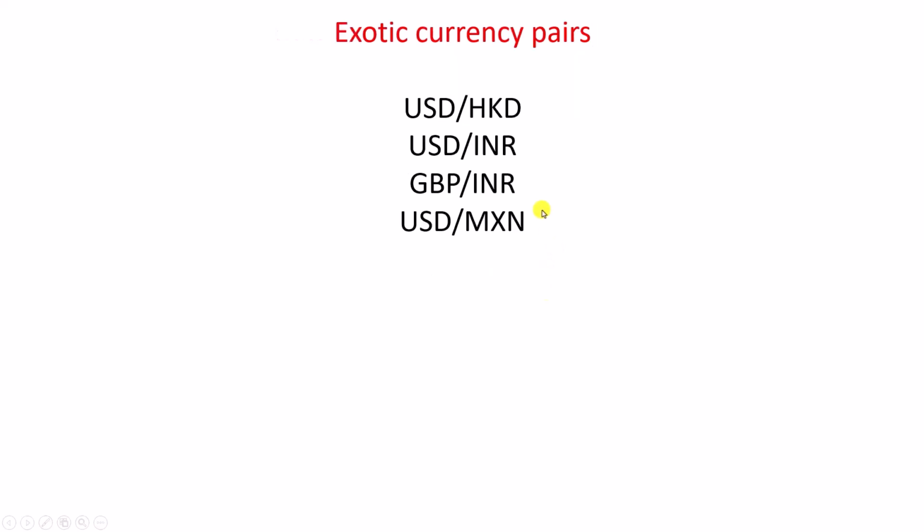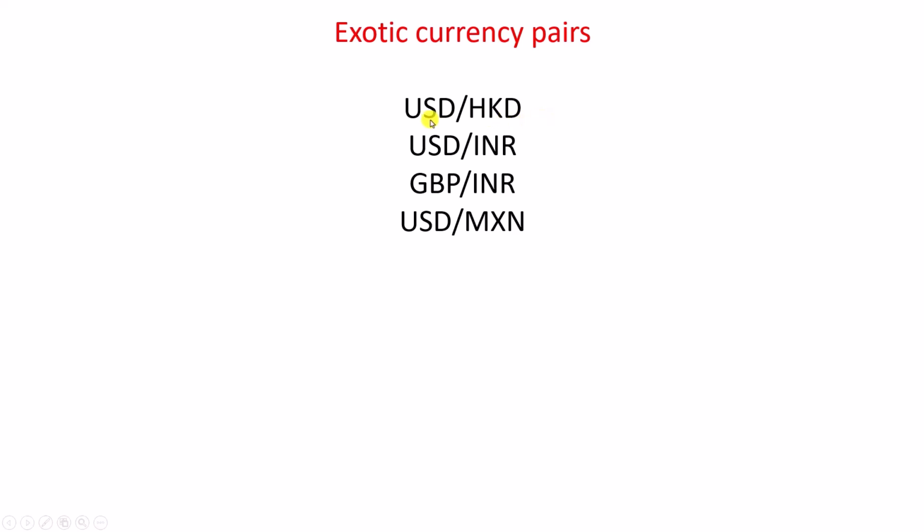Then at last we have exotic currency pairs. Now these are only 4 which I have listed out. There are many others too. Now what is this? An exotic currency pair is a pair of one major currency and one currency of a country which is developing.